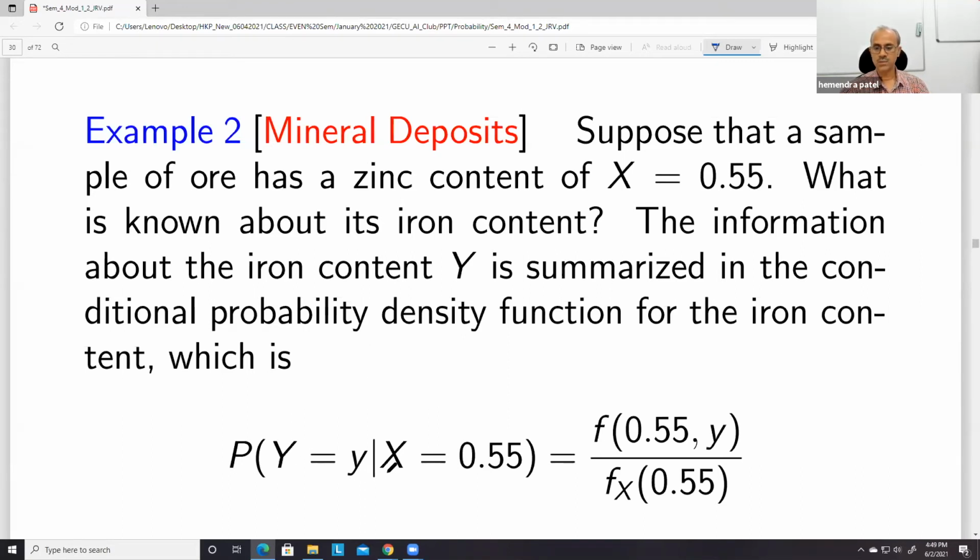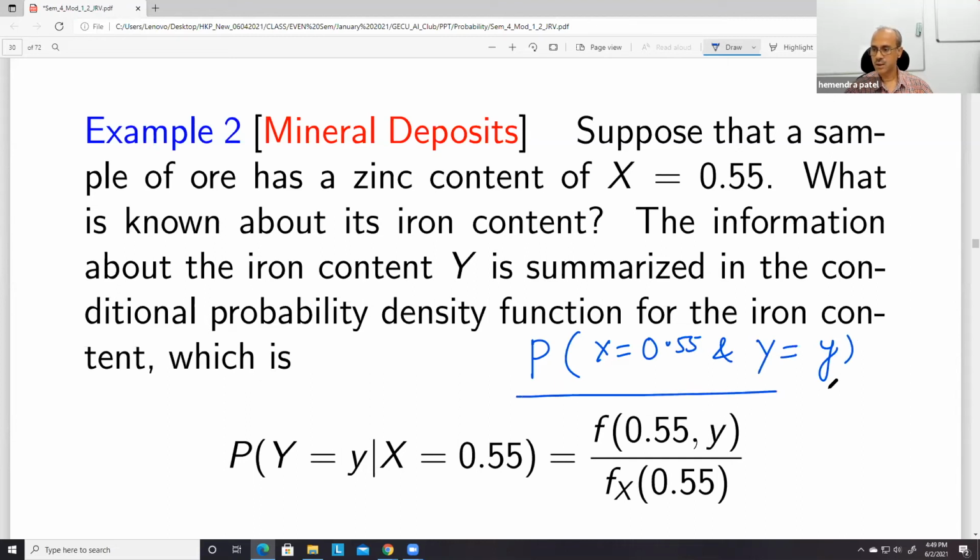So y is equal to y, x is equal to 0.55. So again the numerator is both: the probability of x is equal to 0.55 and y is equal to y, upon the denominator, which will be the probability of x is equal to 0.55.